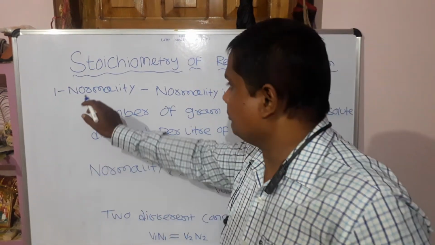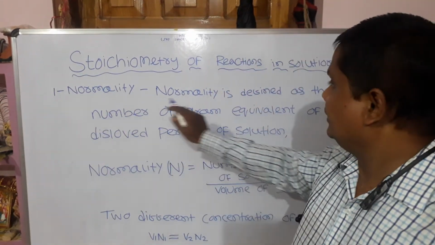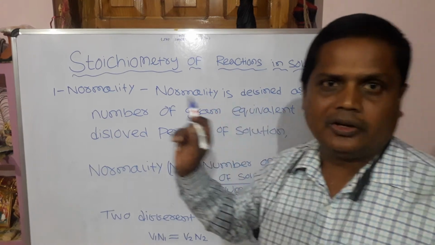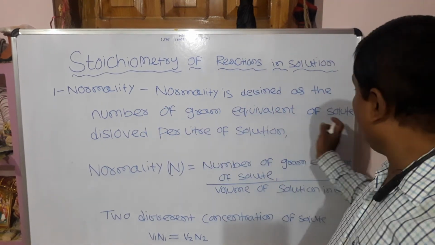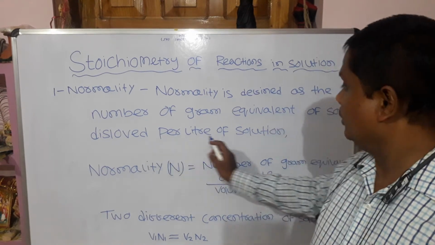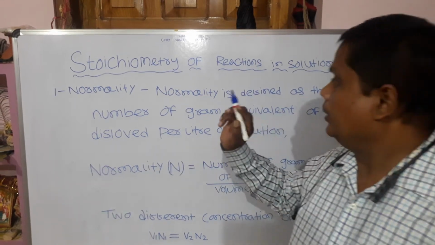First one is normality. Normality is defined as the number of gram equivalents of solute dissolved per liter of solution.